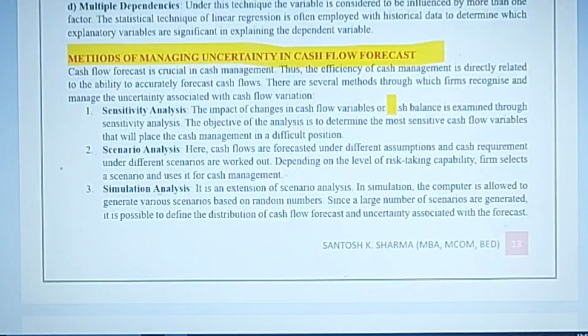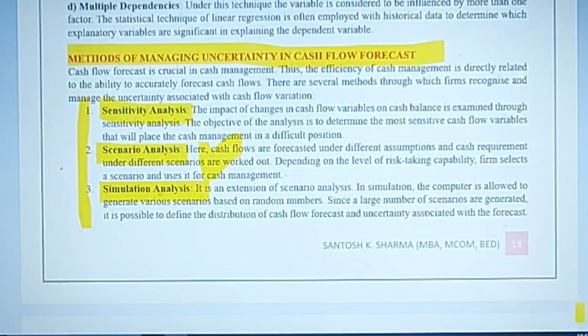So, as we know, the future is very uncertain and it's very difficult to predict. So, for some type of prediction, the company always uses some type of methods. So, these are all given here. One is sensitivity analysis, scenario analysis. This is a very popular one.